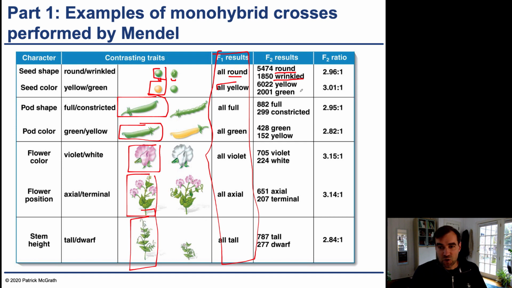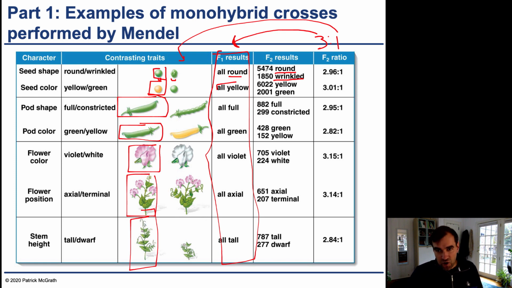All of these individuals had one of the 2 parental traits. Further, he found a very specific ratio, and this ratio was very close to 3-to-1. Almost all the F2s had a ratio of 3-to-1, where the 3 was whatever the F1 phenotype was, and the 1 was always the parental trait that wasn't in the F1s.